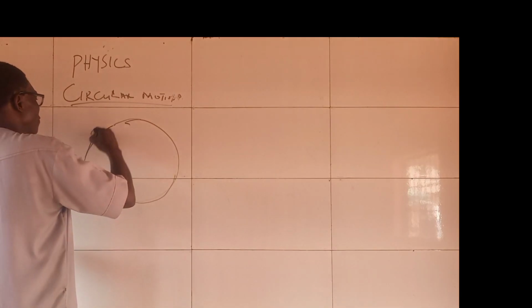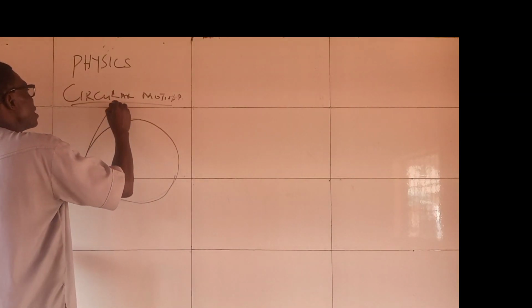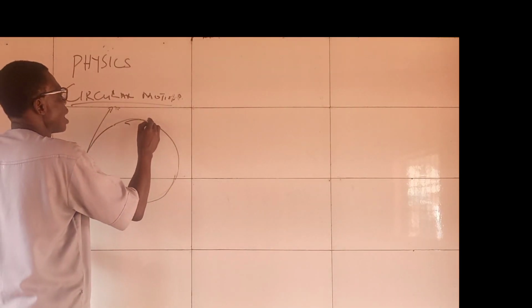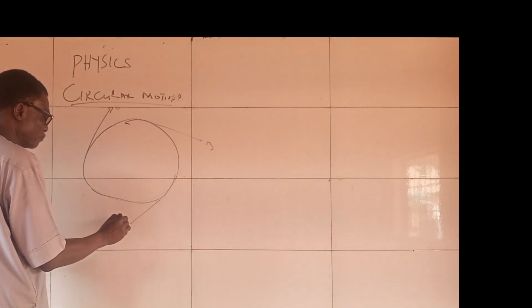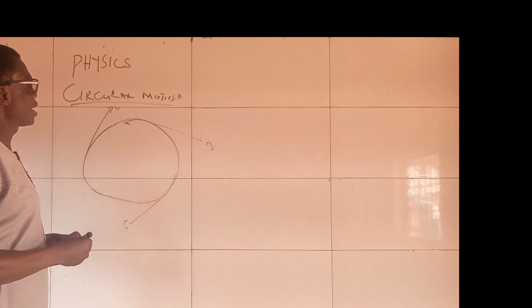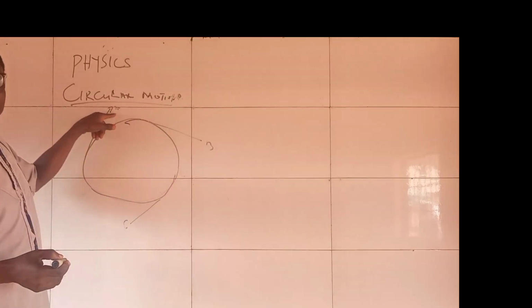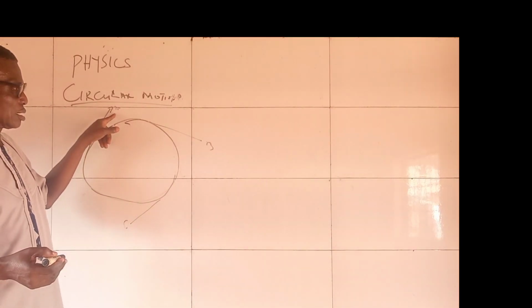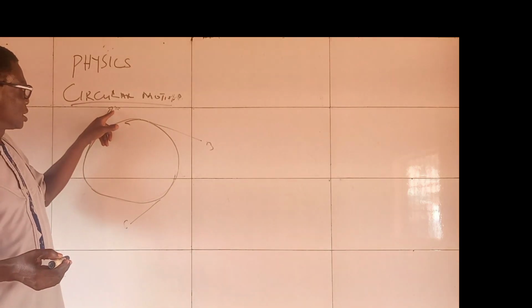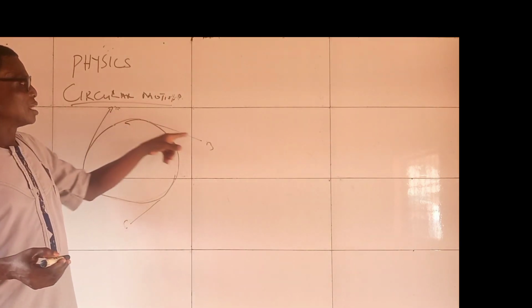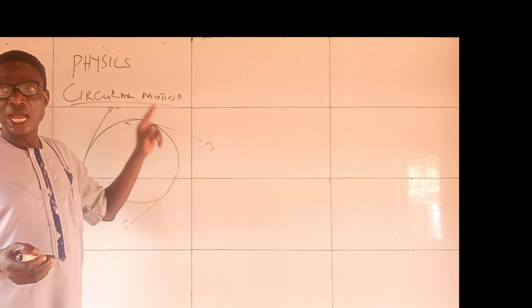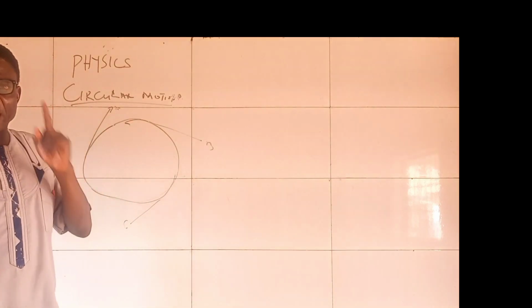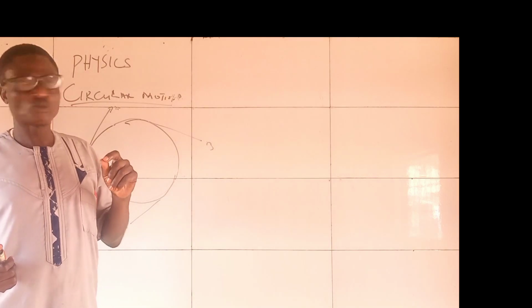You have A, you have B, you have C. At A, the speed is constant, but the velocity at A is different from the velocity at B as a result of change in direction.